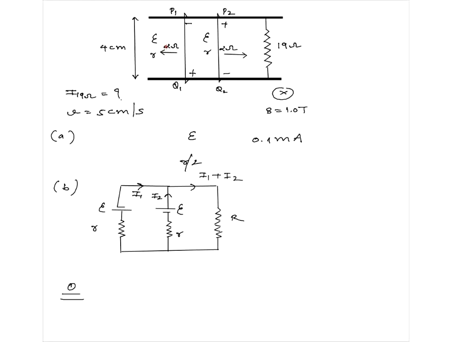If both are going towards the right side, let me delete minus plus. What is the current in 19 ohm resistor? Yes, anybody?